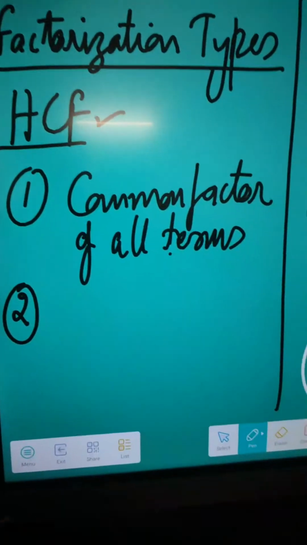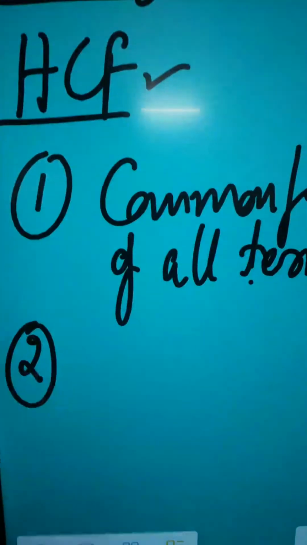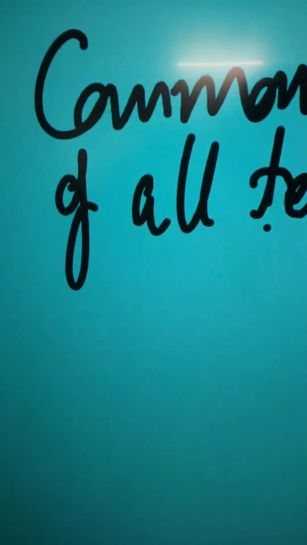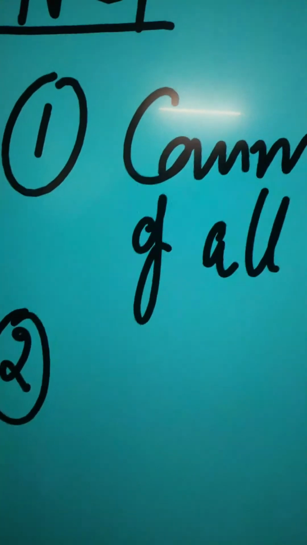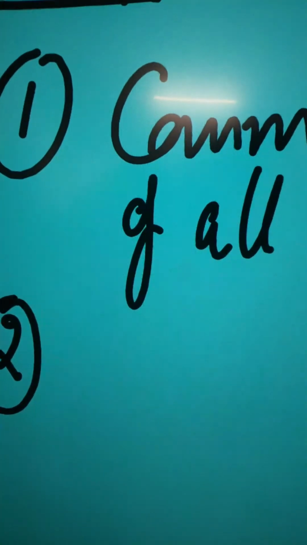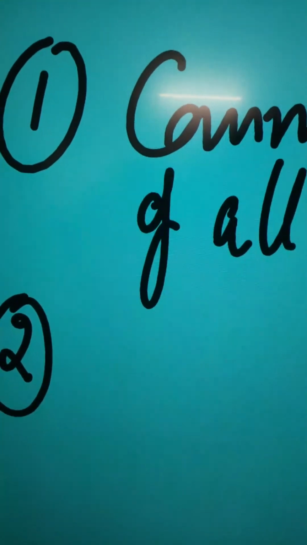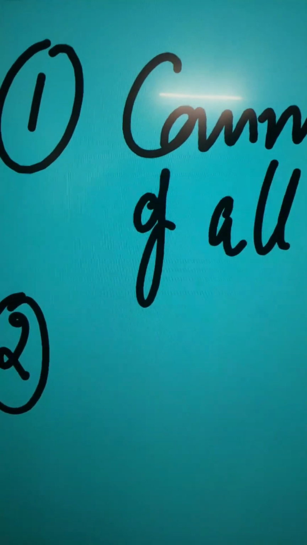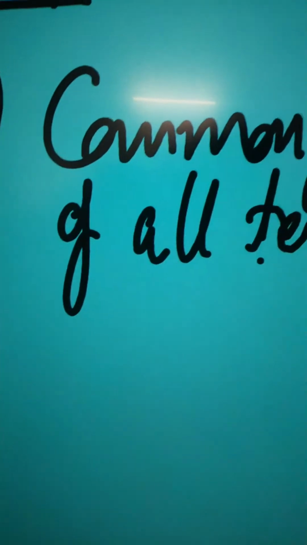And now the second method. The second method of factorization is only used when you are not finding anything common in all terms. When the term is not common, then we use the method which I am doing now. Let's take an example.